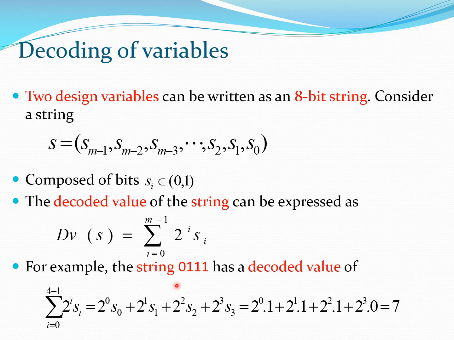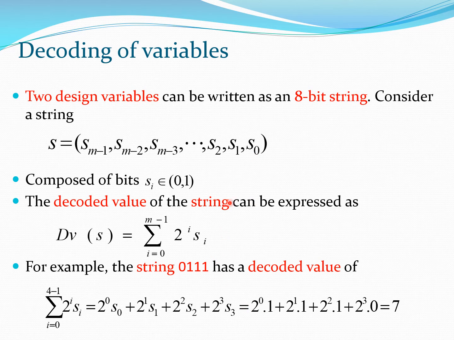For example, if I have a string 0, 1, 1, 1, the decoded value of this can be obtained from this formula here. So I is 0 to 4 minus 1, m being 4, 2 to the power of I Si, and then expand this out in terms of S0, S1, S2, and S3. So now comparing with this and this here, you see that S0 is 1. That's the first part here.